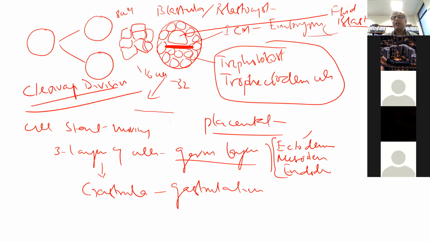All the cells in the embryo are divided into 2 clusters. One is the trophoblast cells, which are going to connect us with our mother through the placenta. And the other cells, the inner cell mass, are the cells which are going to make all of us, the proper organism, the human baby or any other mammal. Clear?